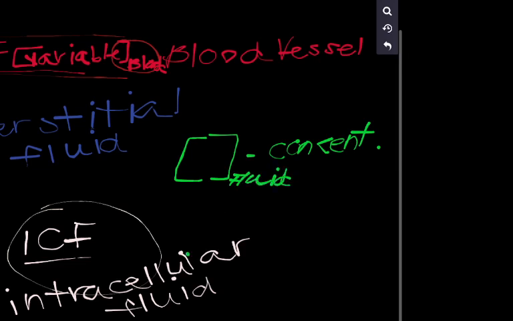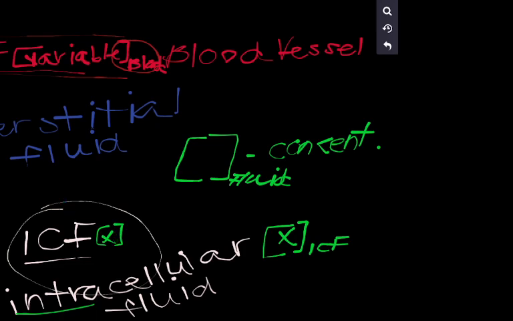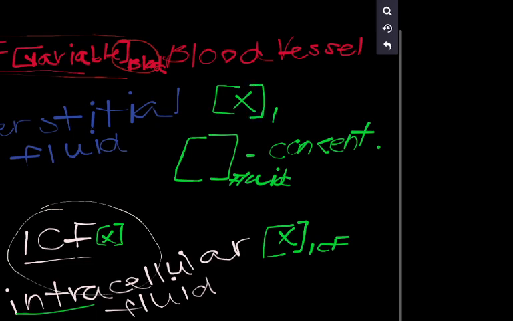If I'm talking about intracellular fluid, it would be the concentration of the variable X in the intracellular fluid. And that would tell you that this variable X has a specific concentration in this environment. If I was talking about the interstitial fluid, it would be the concentration of the variable X in the interstitial fluid.